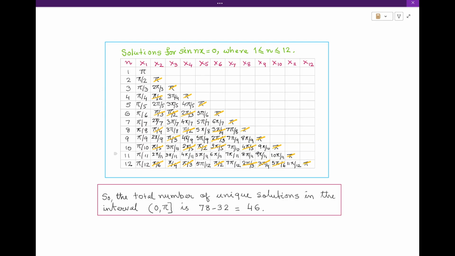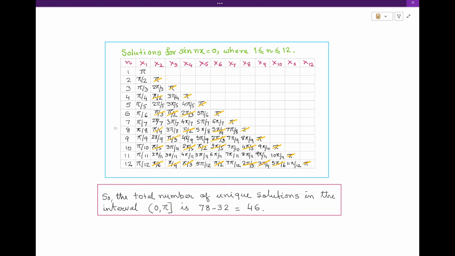Similarly, pi by 2 is occurring here, pi by 2 is occurring here, pi by 2 is occurring here. Like this, it is occurring at many places. We have found them out and crossed them out. Like this, we can cross out 32 solutions which are shown here.